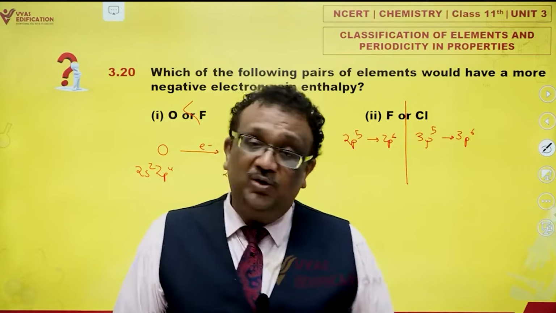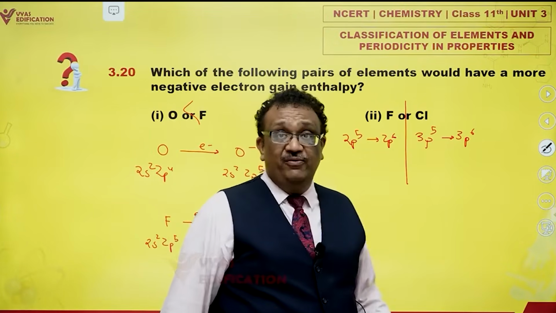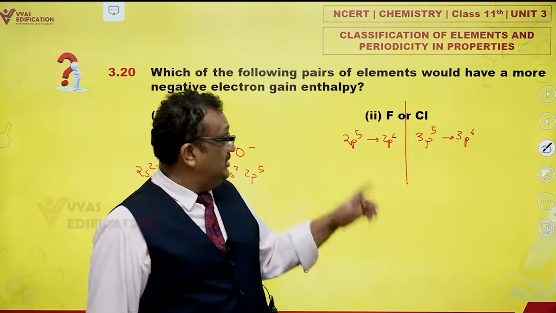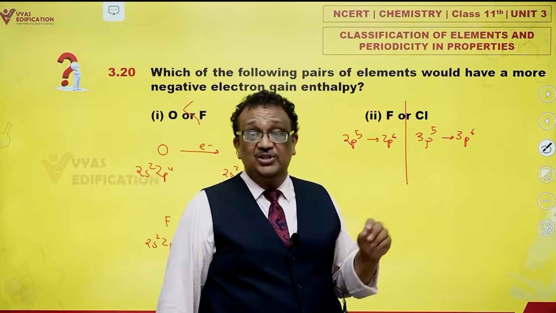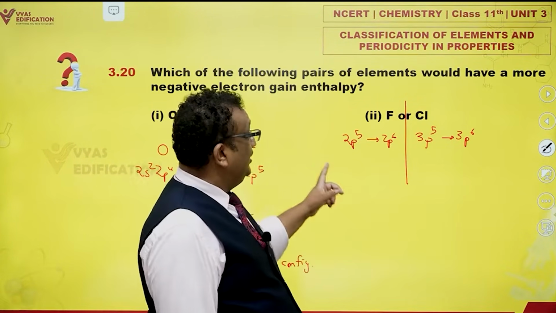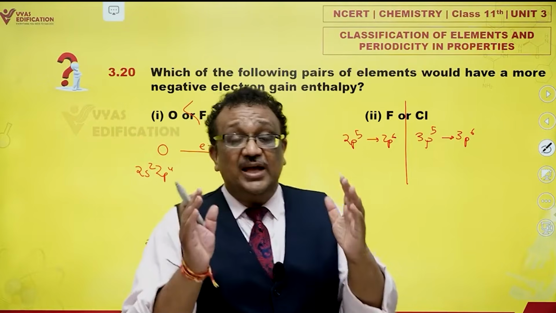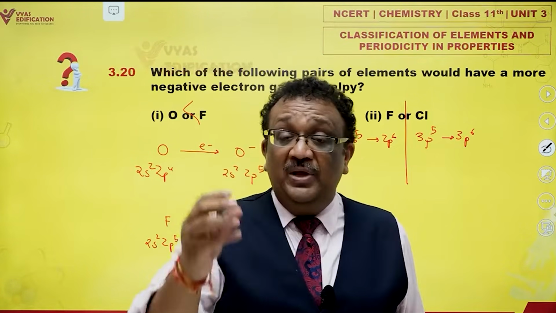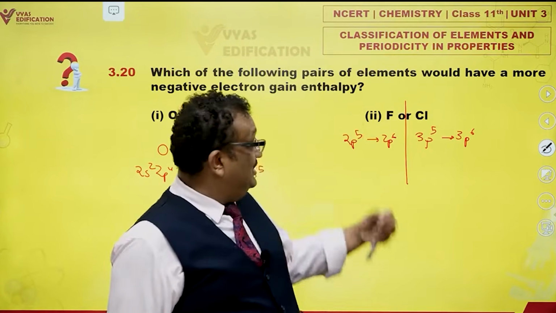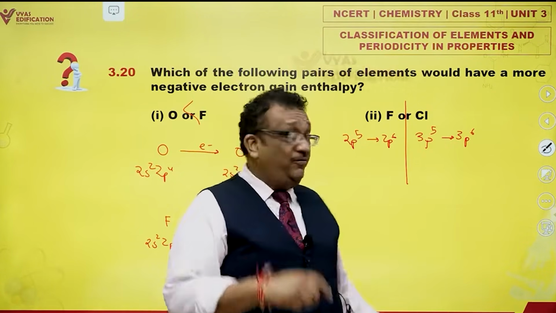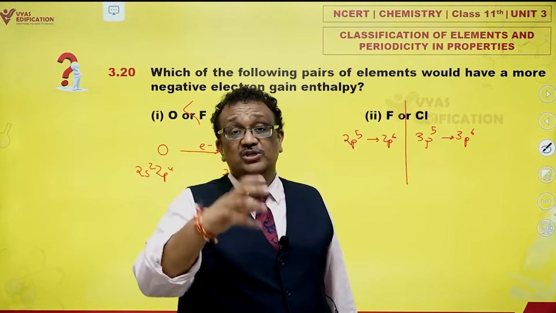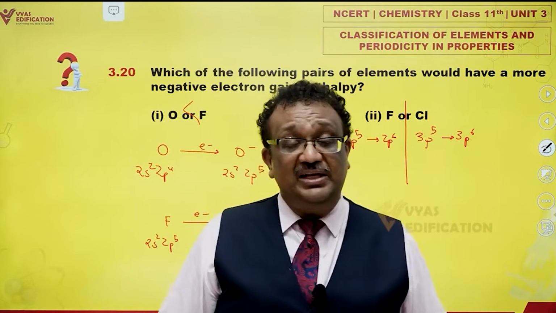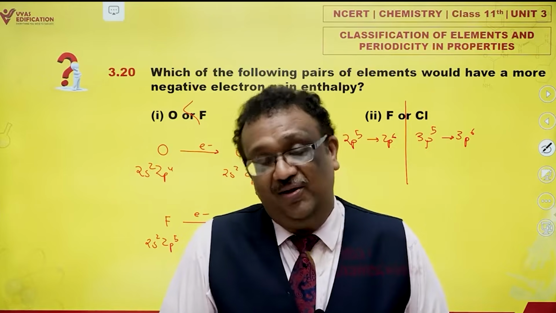So you find in case of F and Cl, size becomes very important. Nonetheless, both of them feel happy in attaining noble gas configuration. We are not opposing that. But as they attain the noble gas configuration, you have to appreciate that in case of fluorine, the size of the atom is much smaller. So the incoming electron faces greater repulsion from the original 7 electrons, while in case of chlorine, because of bigger size, this repulsion is somewhat decreased.